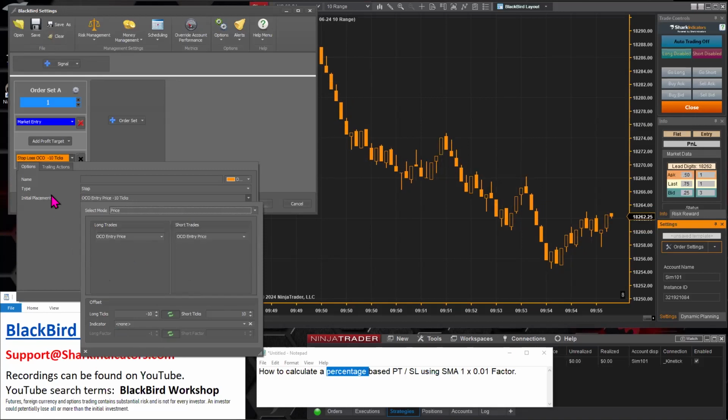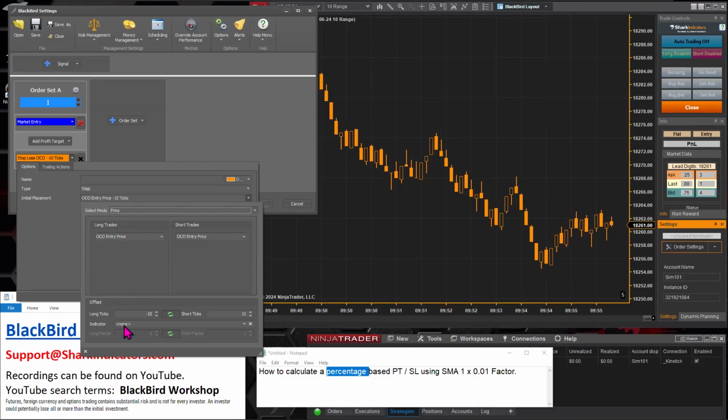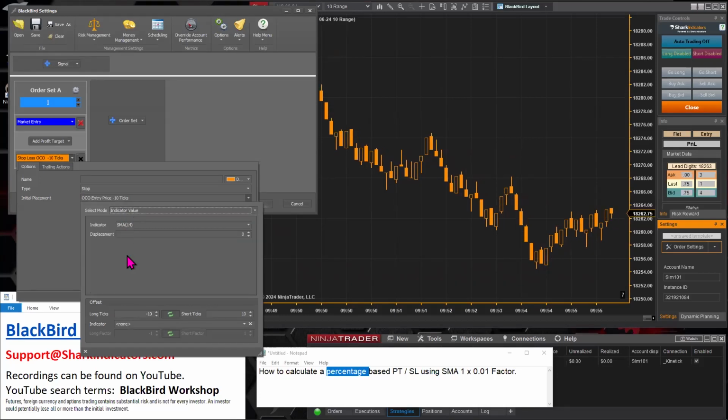You could base your stop loss off of bar prices with an offset, and there's a dedicated section down here for offsetting. Regardless of whether you're using prices plus an offset, or an indicator plus an offset, this offset section stays the same.